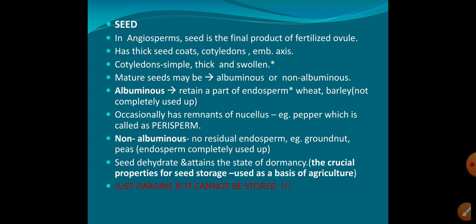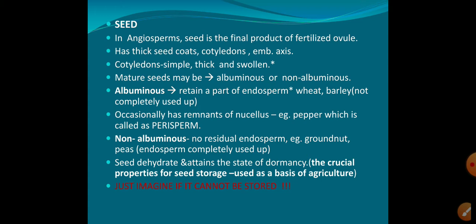Okay, and an important property of seed, that is, it will dehydrate, and getting dehydrated and attaining the state of dormancy is considered to be the crucial property for seed storage, and that is the property that is used as a basis of agriculture. So you can just imagine what will happen if the seeds cannot be stored, or if the seeds do not enter the state of dormancy.